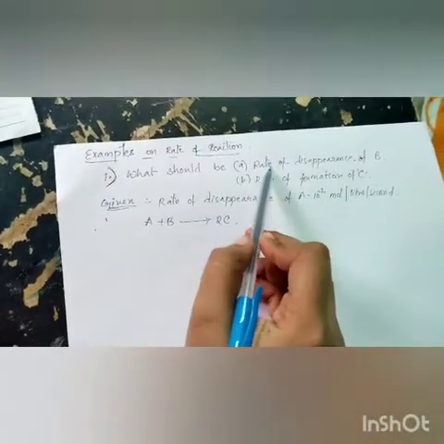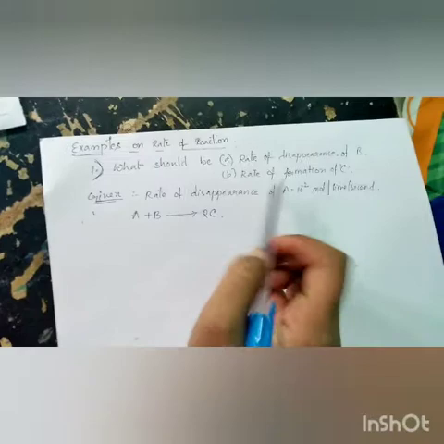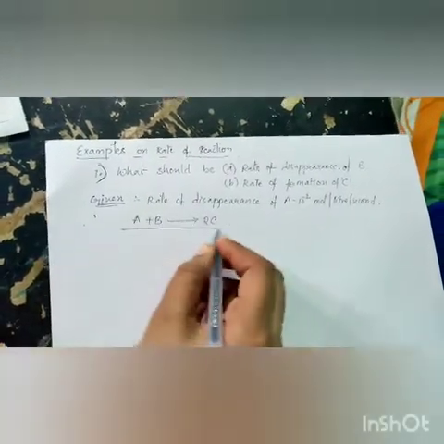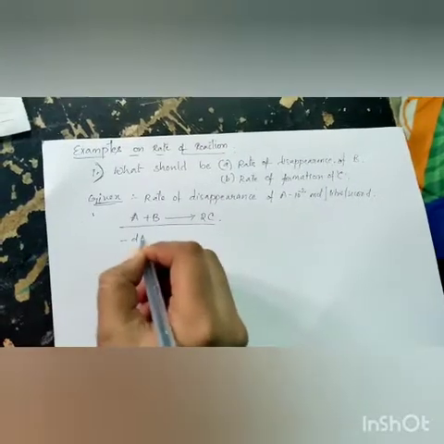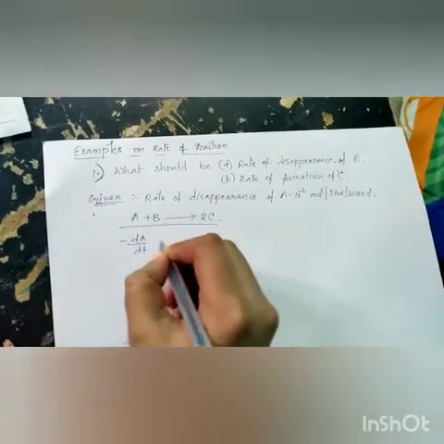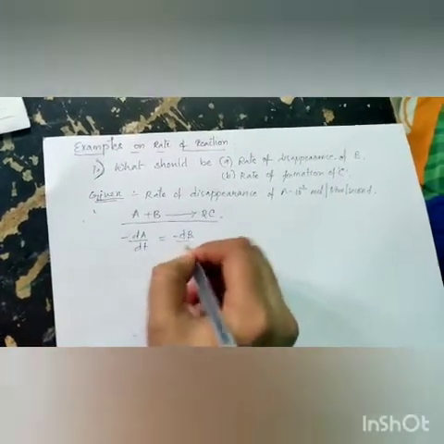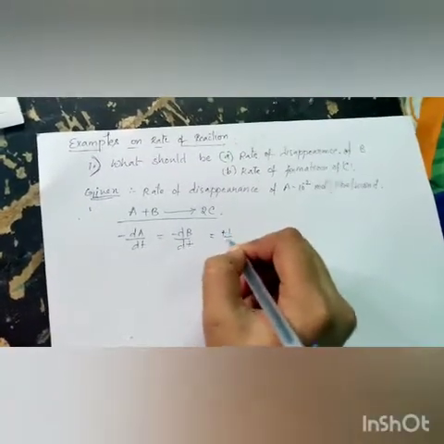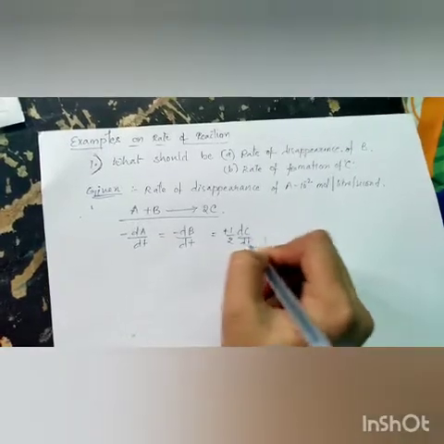See, what we know normally from this equation is that minus of dA by dt is equal to minus of dB by dt is equal to plus half of dC by dt.